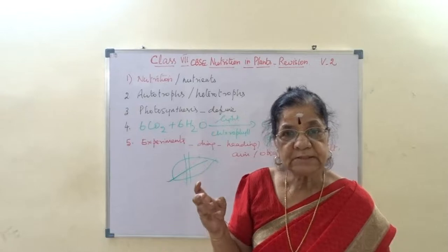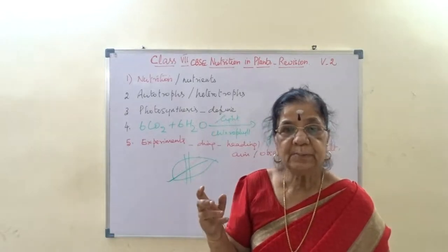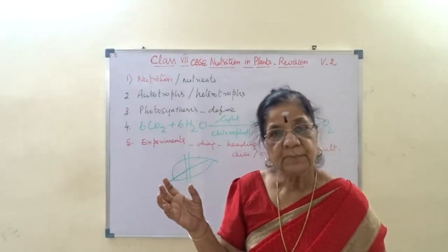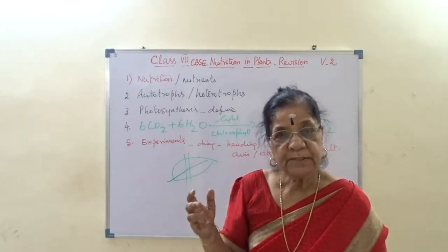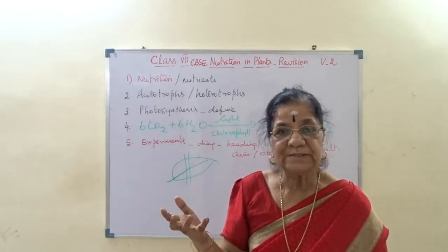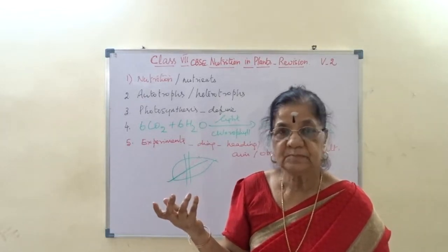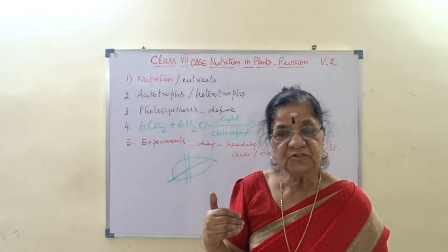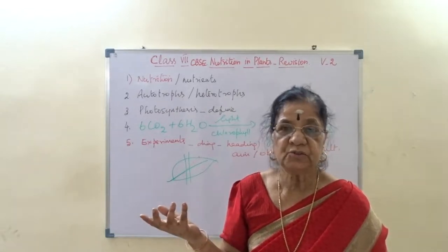What is a parasite? Example: cuscuta, amarbel. Saprotroph: bread mold. Symbiotic association: root nodules of leguminous plants. And insectivorous plant: pitcher plant, you should know.